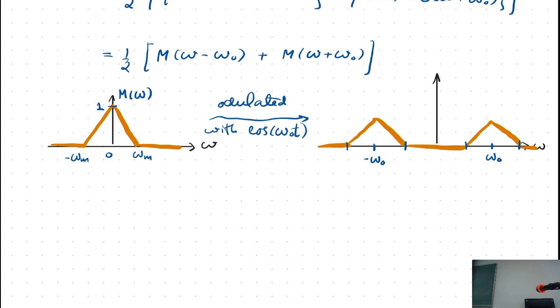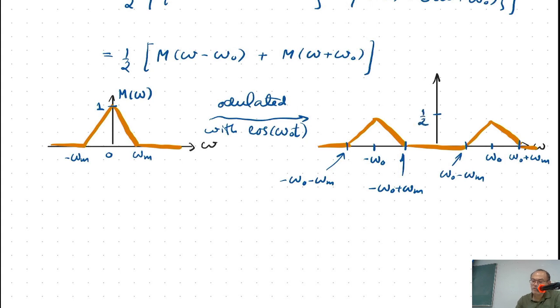It was centered at 0 before, and then you shift it so that the center would now be at omega 0. And then this would be omega 0 plus omega m. This would be omega 0 minus omega m. And this one as well, this one would be minus omega 0 plus omega m, and this is minus omega 0 minus omega m. And of course, the height here would be 1/2 of the original height.